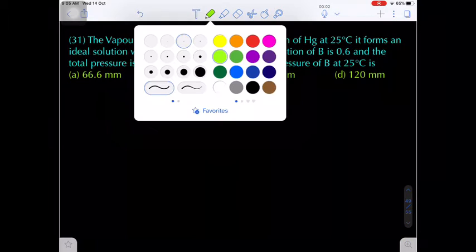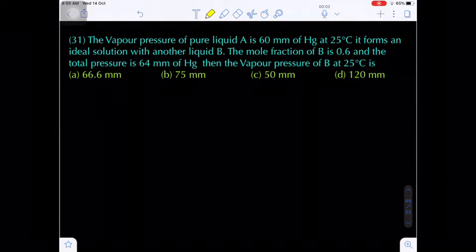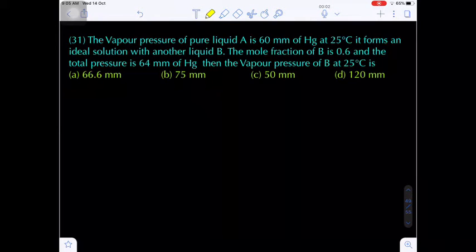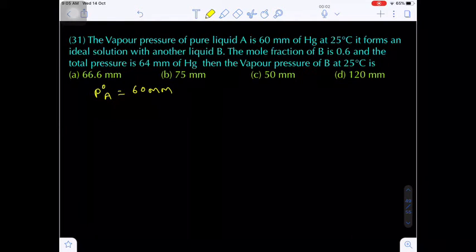Okay. Now here some questions regarding the liquid type of solutions. Question number 31. The vapor pressure of a pure liquid A is 60 mm of Hg at 25 degrees.